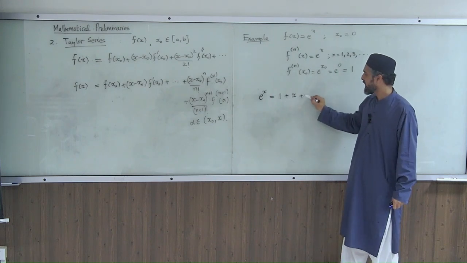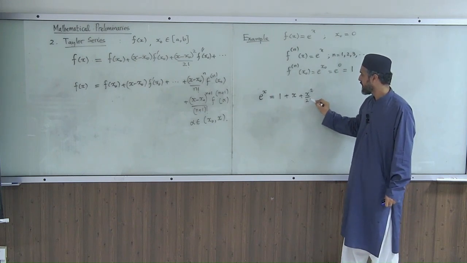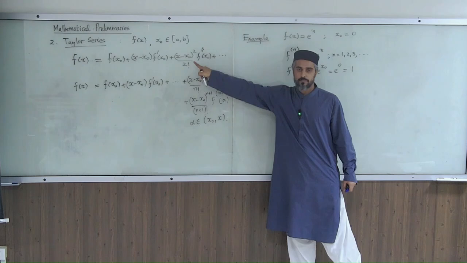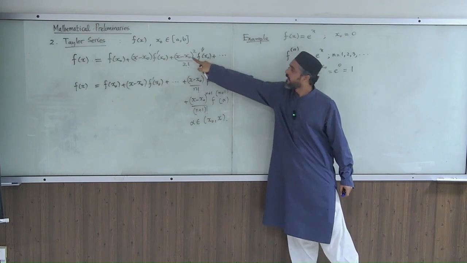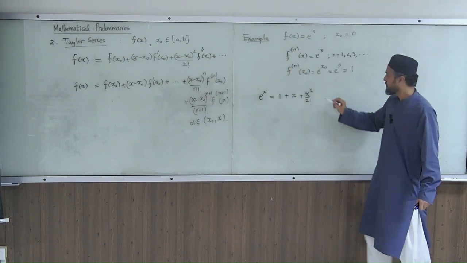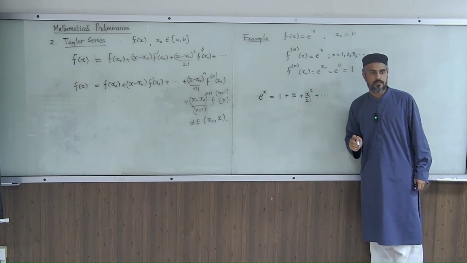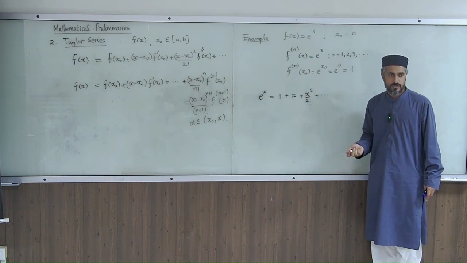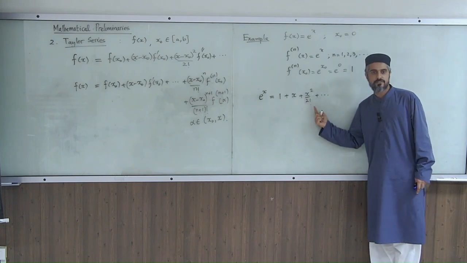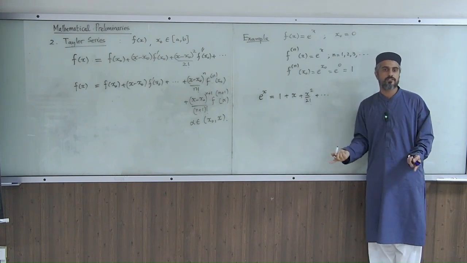The next term we have is x squared over 2 factorial, because this value is 1 and here we have a 0. If I continue, this is the representation we got. So this is the Taylor series of e power x about a point x naught.